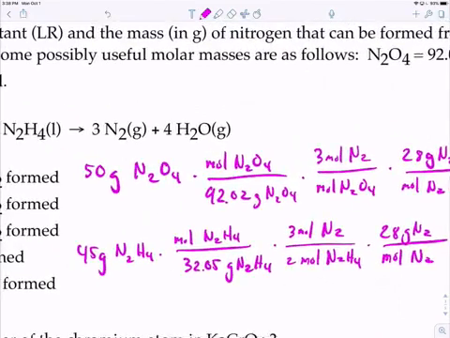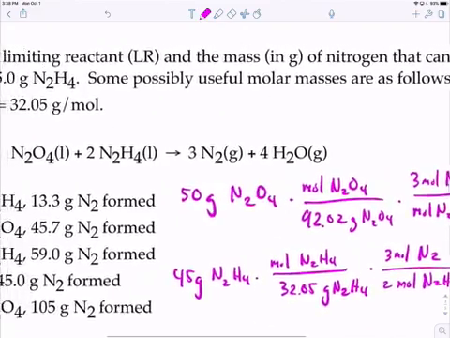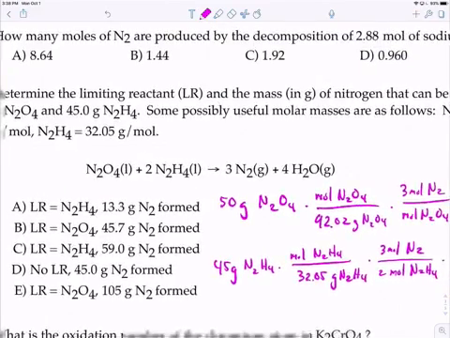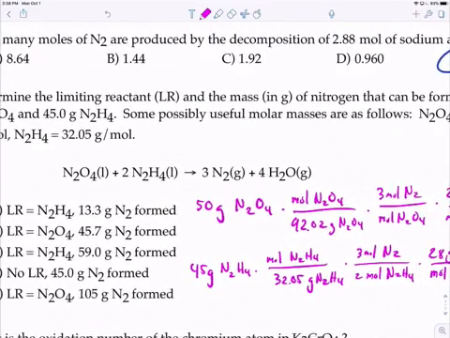And I'm getting the ratios from the balance equation. 3 moles nitrogen to 1 mole dinitrogen tetroxide, or N2O4. 3 moles N2 to 2 moles N2H4, also known as hydrazine.